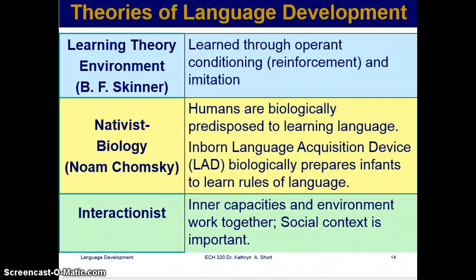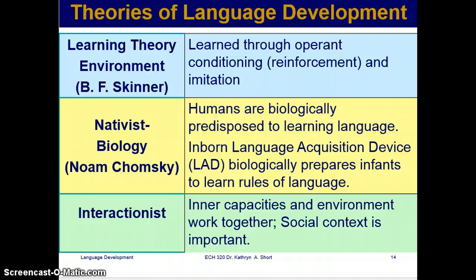Okay, theories in language development. So learning theory, environment, B.F. Skinner, learn through operant conditioning, reinforcement, and imitation. So what they're saying is you learn from your environment. Simple. Nativist, biology, Noam Chomsky.